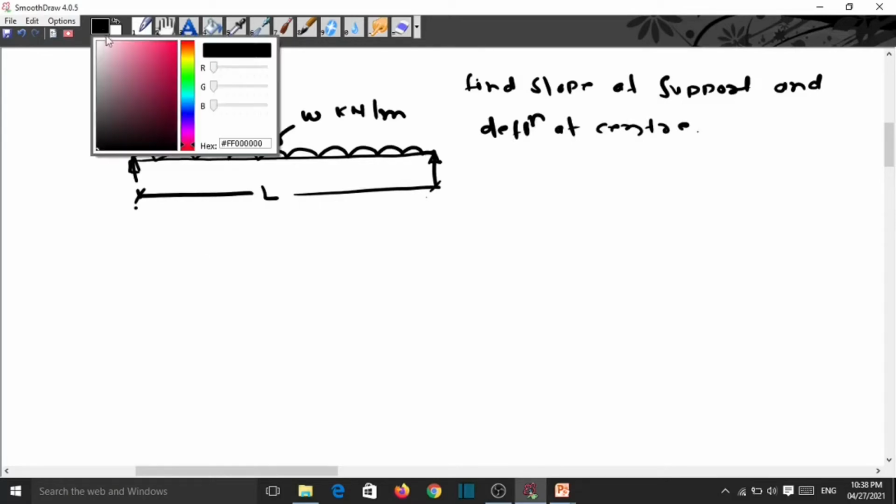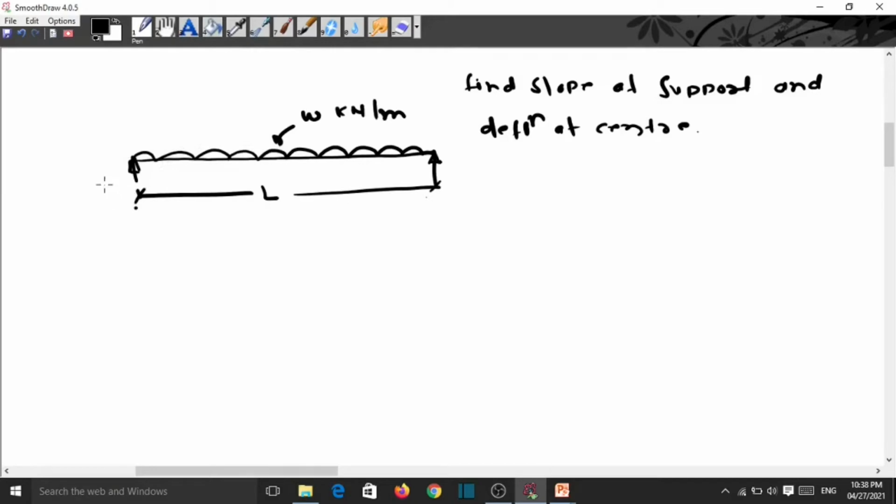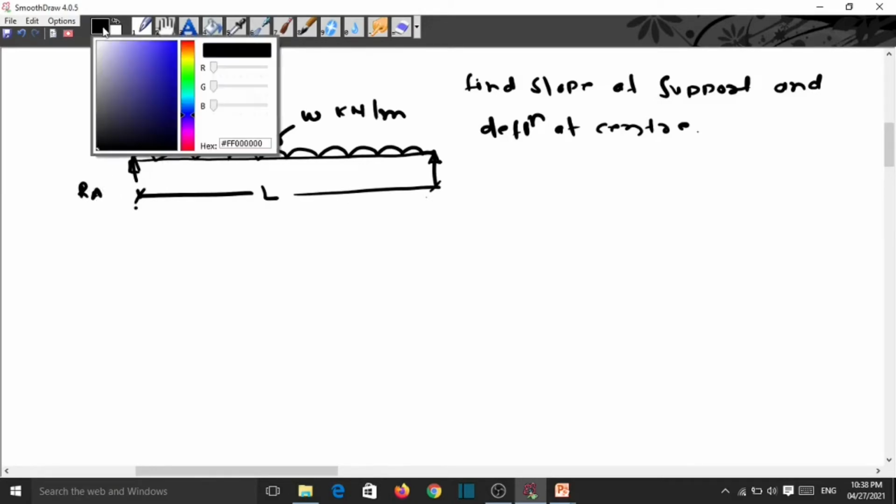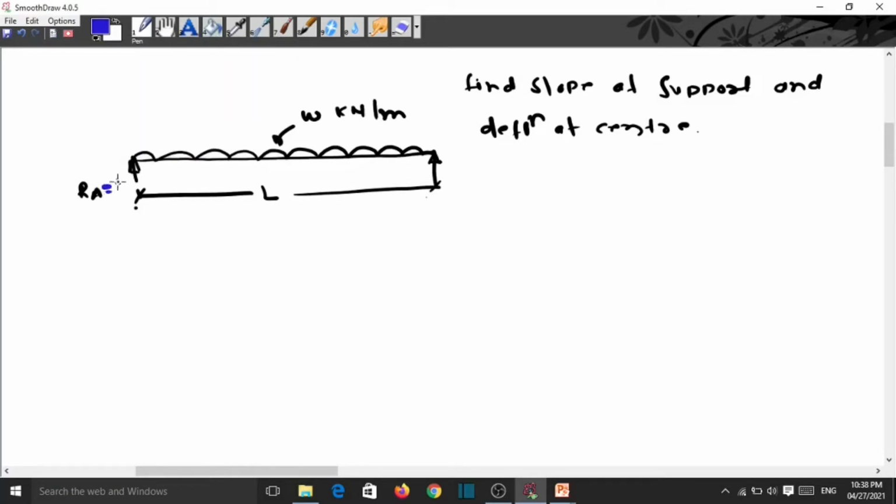So our first step is to find the reactions. By symmetry we can say that reaction RA is equal to WL by 2, and RB is equal to WL by 2.